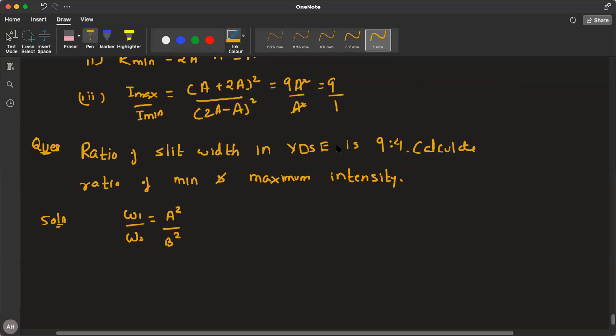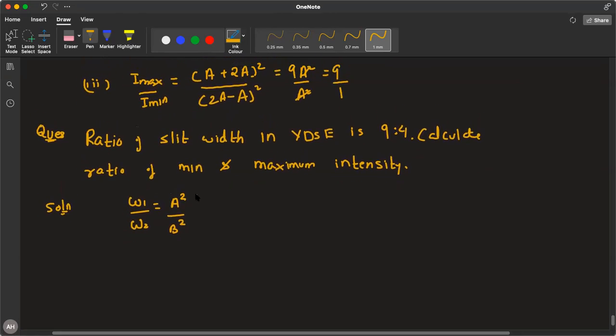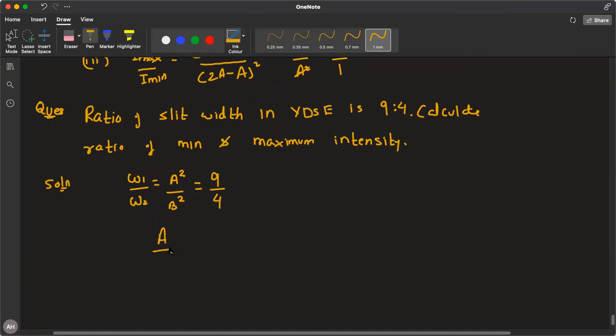Faisal and Abdullah both are correct. See, W1 by W2 is A square by B square, which is 9 by 4, so A by B is 3 by 2.